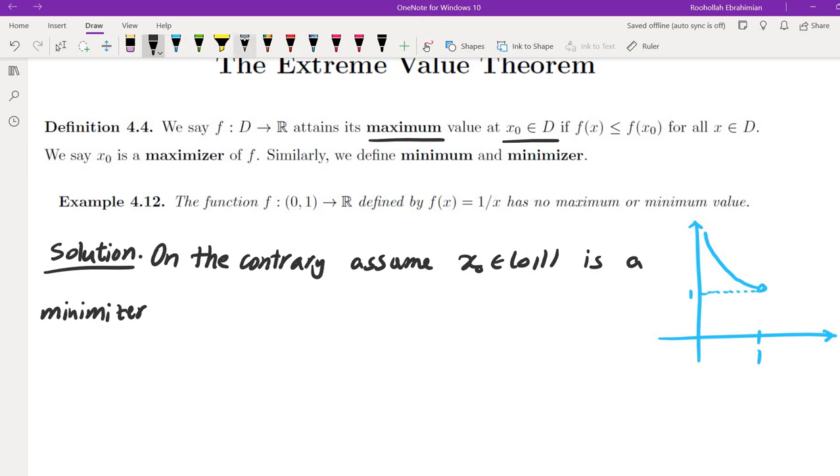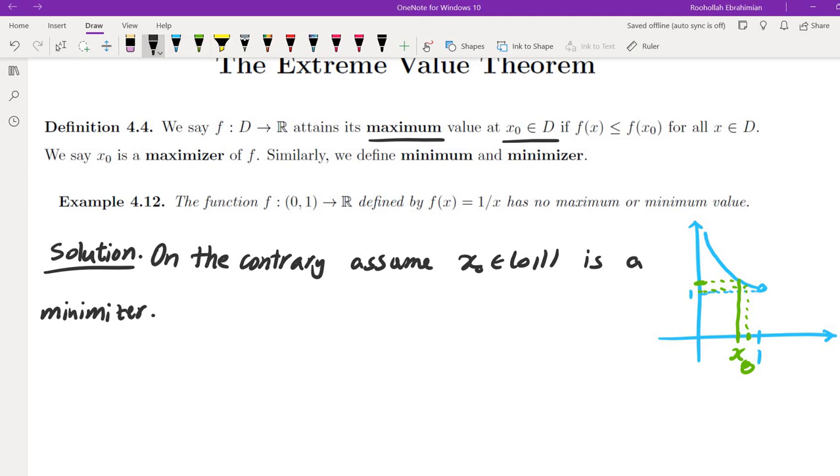So I'm taking some value inside the interval 0 to 1, and I'm assuming that this is the smallest value. However, if we go a little bit to the right but stay below 1, then we would stay inside the interval 0 to 1, and the function value is going to become even smaller.